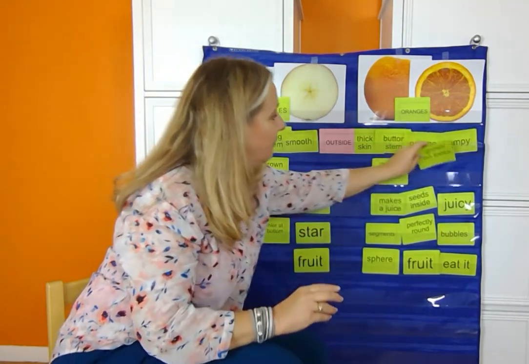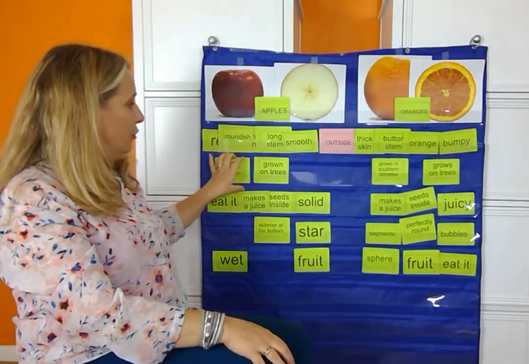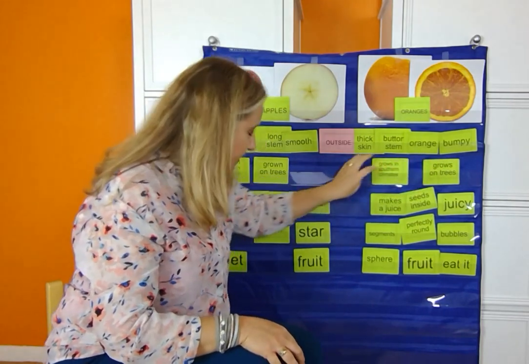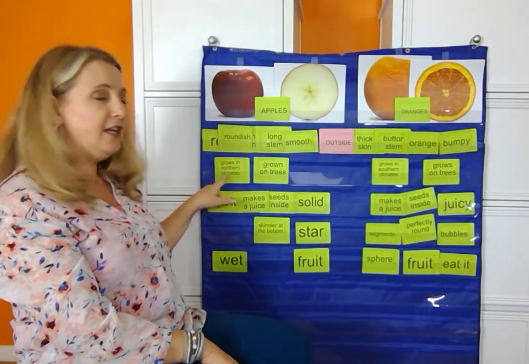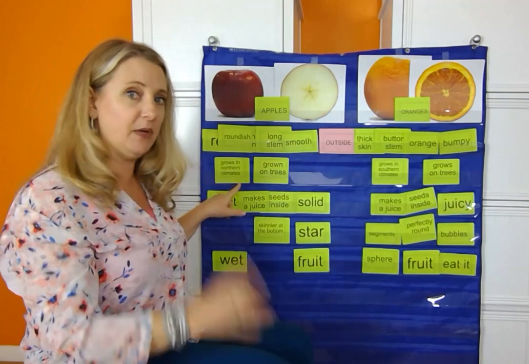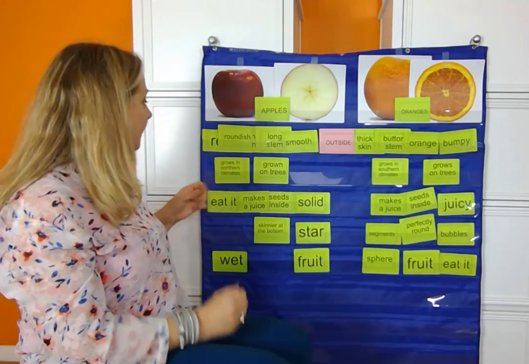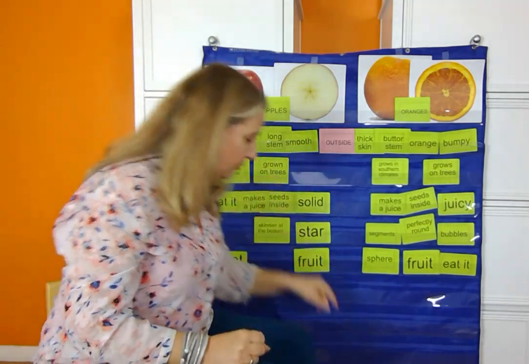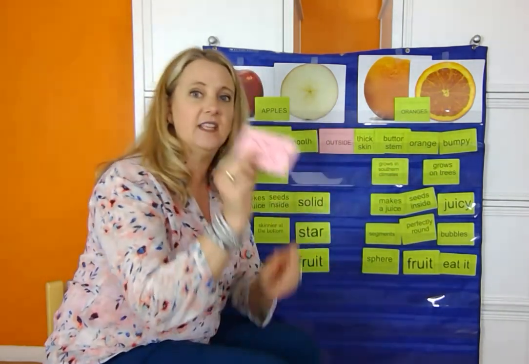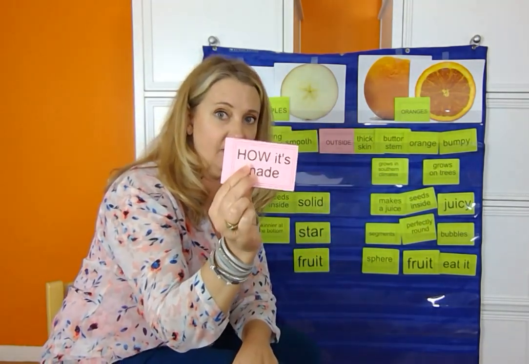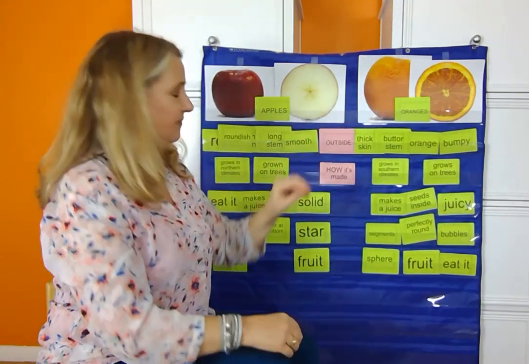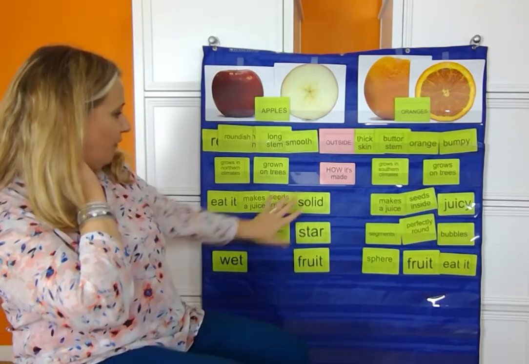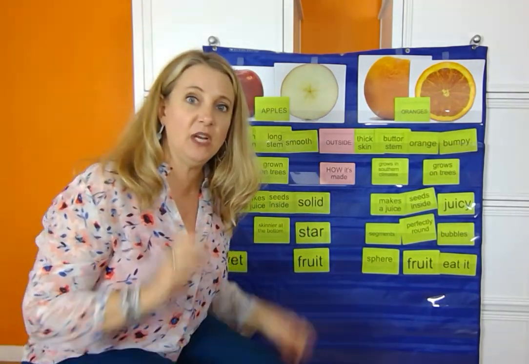We have to see if we can find a group for text A and a group for text B. And once you find a group, then you have to label it. You have to tell what category this is. It grows in northern climates. It grows on trees. That's how an apple is made. That's my label, okay?